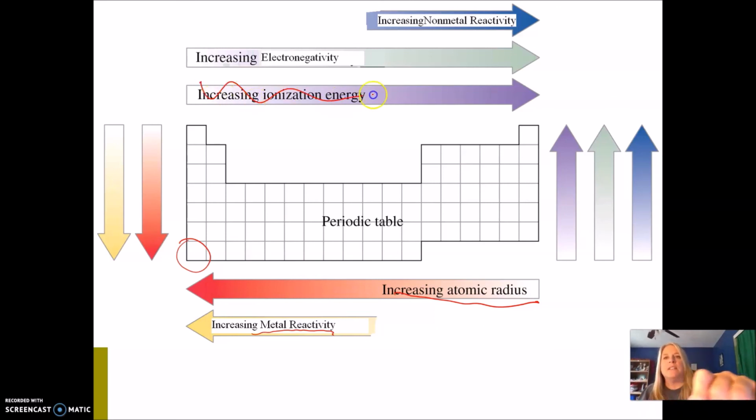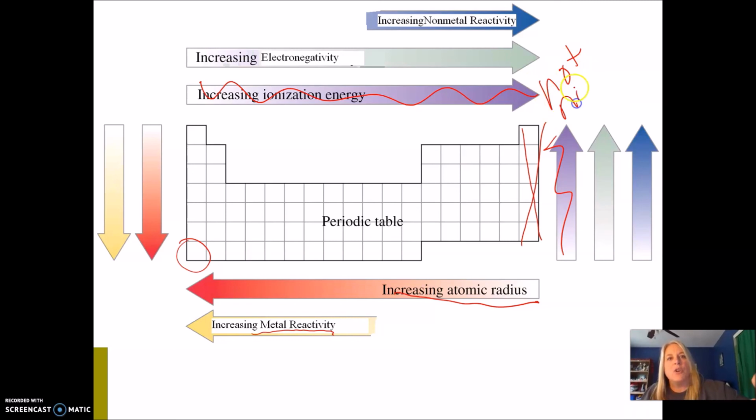We didn't do ionization energy, so we're just going to cross that off. This way, except for this column, so I'm going to put not noble gases, we have increasing electronegativity and increasing non-metal reactivity.